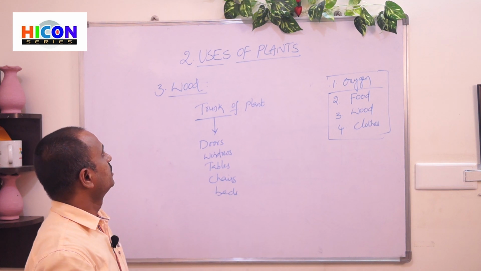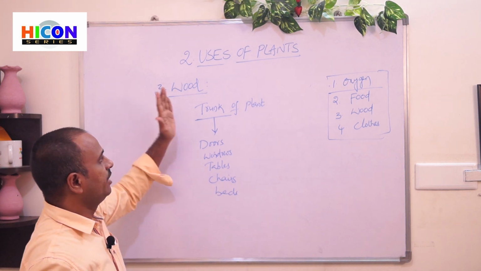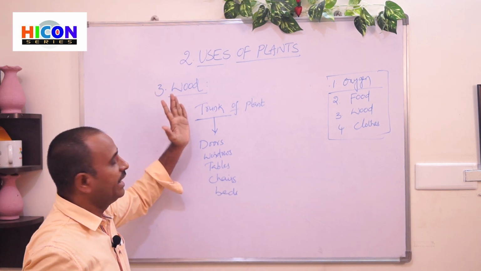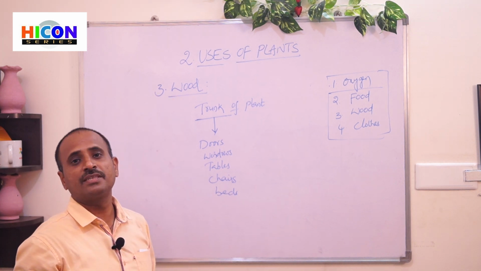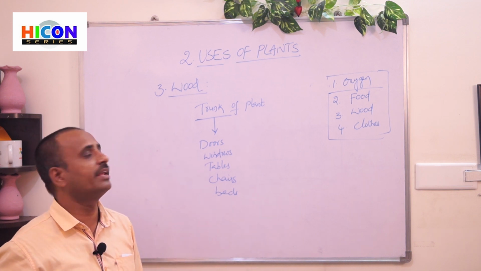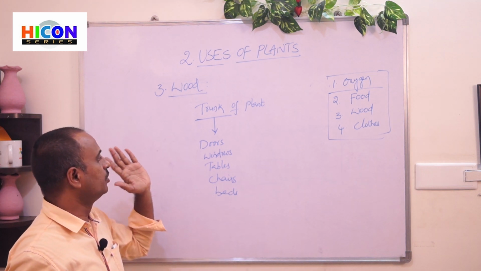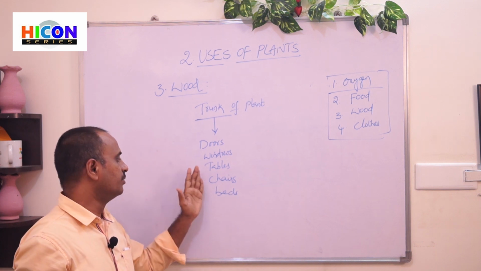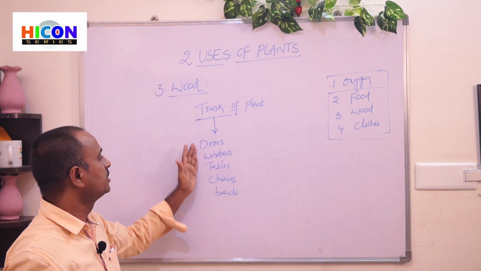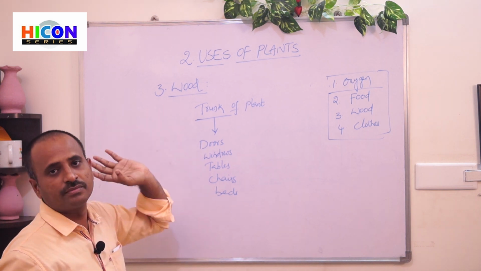So children, wood is obtained from the plants. Generally the trunk of the plant is cut into small pieces, and we can make different types of furniture items required in our houses. For example, doors, windows, tables, chairs, beds, etc. are made up of wood.